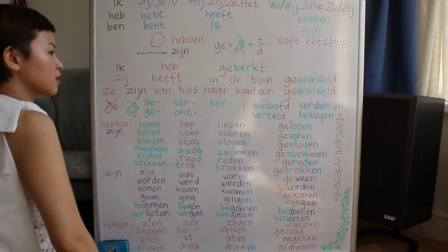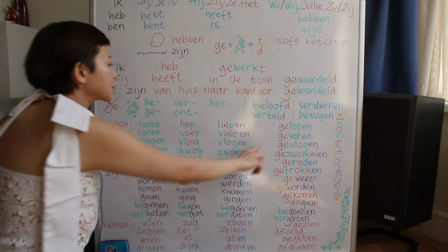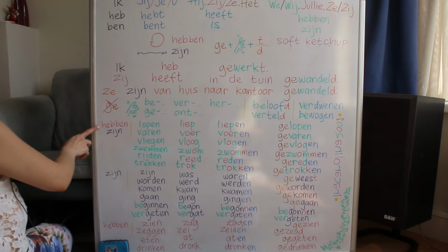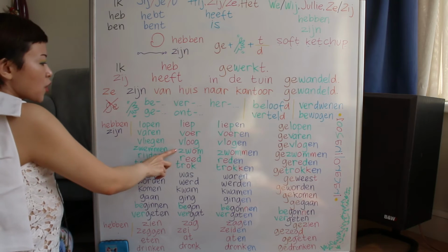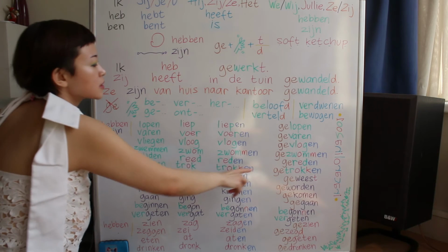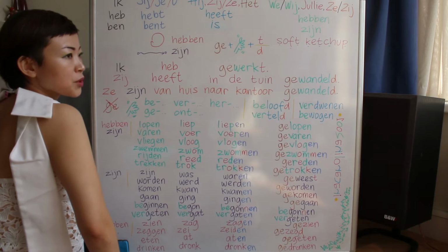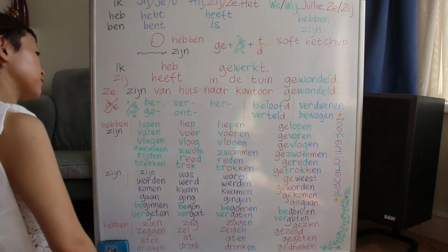Verteld, told. Verdwenen, disappeared. Bewogen, moved. Beloofd starts with be. We see here it's ended with F.